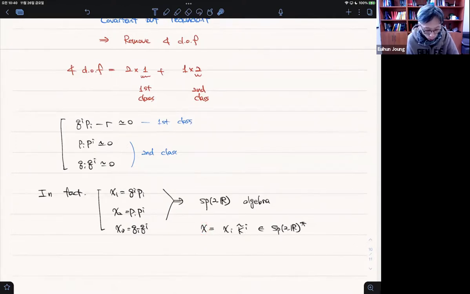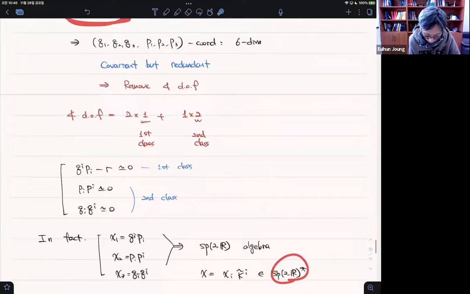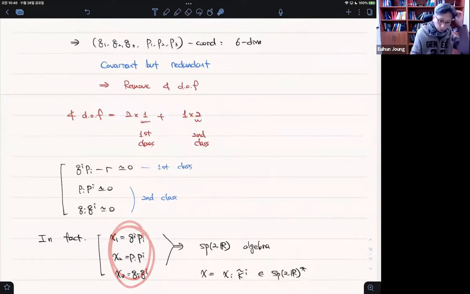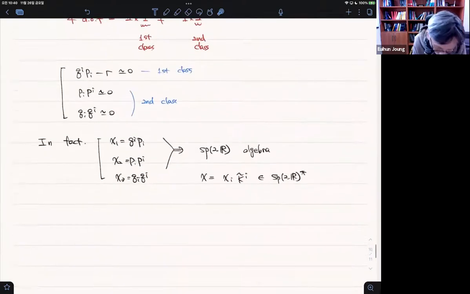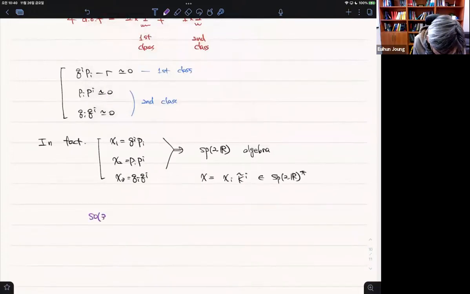Phi was something to do with SO3, while now I naturally get chi, and chi is something to do with sp2r. So in this way, what we know is that there is a one-to-one correspondence between SO3 star orbits and SP2 star orbits.